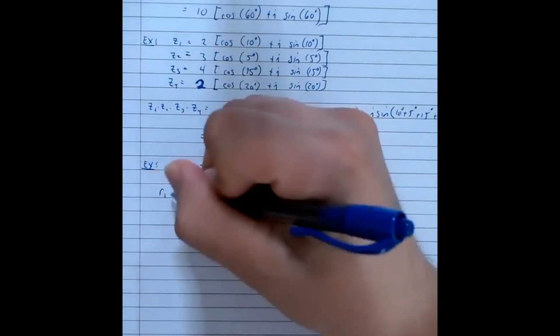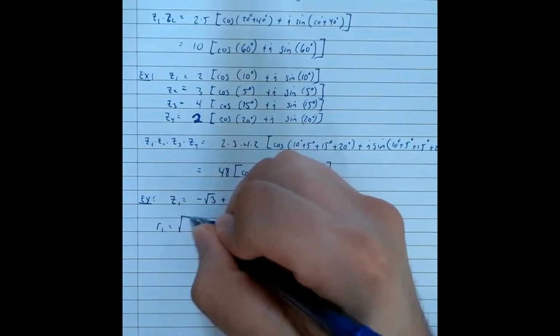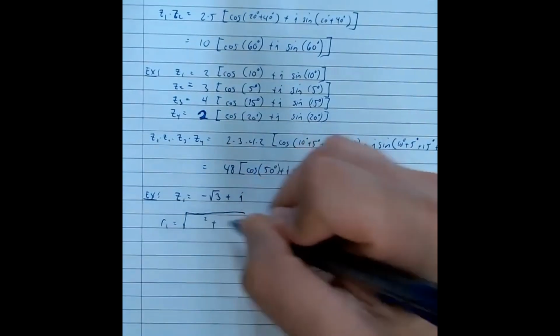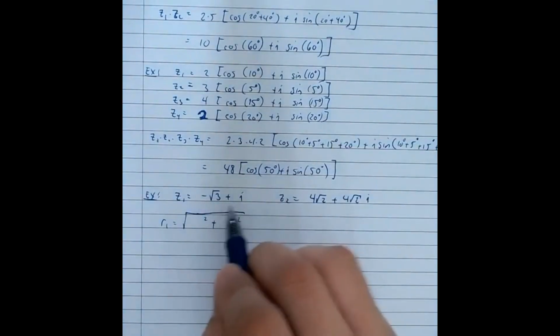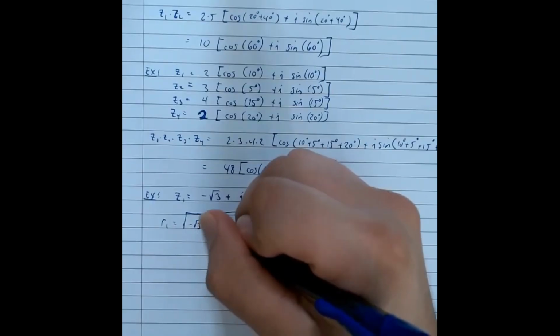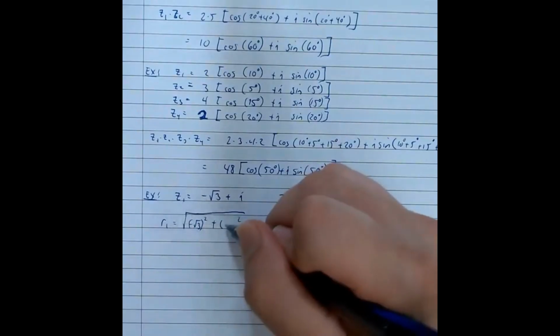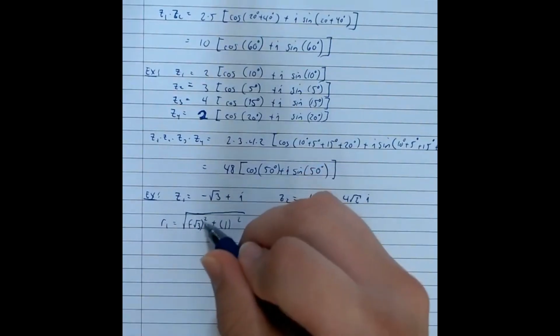All right, so let's take a look here. Let's go ahead and find R1. Remember, R1 is simply given by the square root of the sum of the squares of the components, the real and the imaginary, of our first z. So here that's going to be negative root 3. We're going to square that.